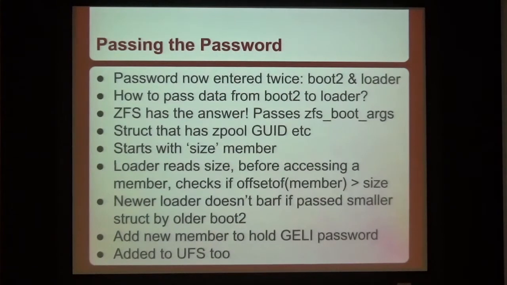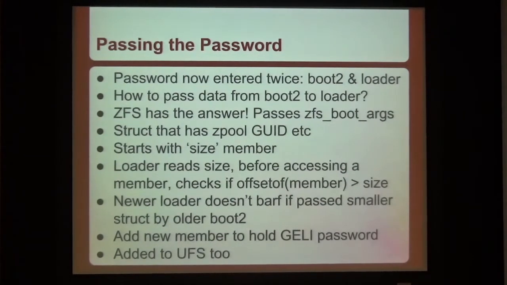What's really interesting about the way they did this was to make it compatible with different versions, or future-proof. The very first member of the struct is a size. That's the size of the struct. And before you read a member, you check that the offset of that member is not greater than the size. So as you add new members, if the boot2 is older and the struct isn't that big, you don't read out of bounds.